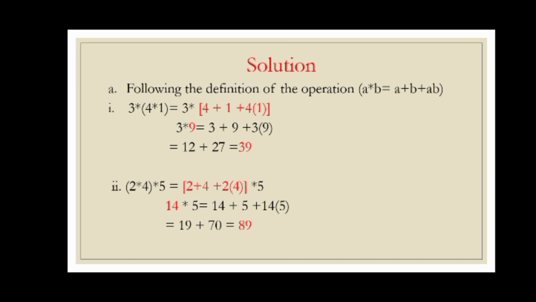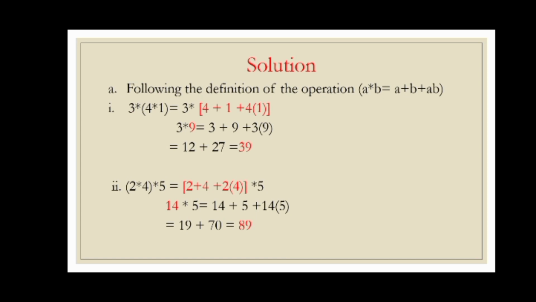So our next equation now becomes 14 star 5. 14 is now A, and B is now 5, right? Into the first definition, we have A, 14, plus B, 5, plus AB, that's 14 times 5.